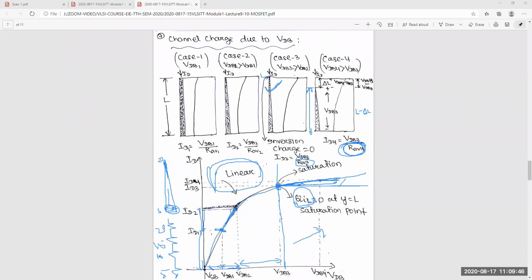What I understood from your question is that after the threshold point, if you are increasing VDS, the difference between VDS4 and VDS3 will increase, and the channel length decreases. So your question is how, after the threshold voltage, the current is slightly increasing. No, sir, not that.